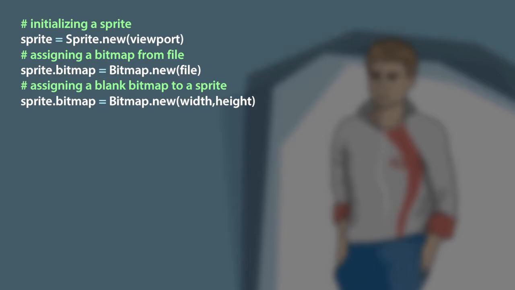Now what you can also do is create a blank bitmap, and this is basically going to create a rectangle which doesn't have any pixels filled in. This could be useful if you want to draw certain shapes or certain things through your code, like text, onto a bitmap. And the way you do this is the same thing. You do sprite.bitmap = Bitmap.new, and inside of the parentheses you give it a width and a height parameter, which is pretty much just going to determine the size of the rectangle of your bitmap.